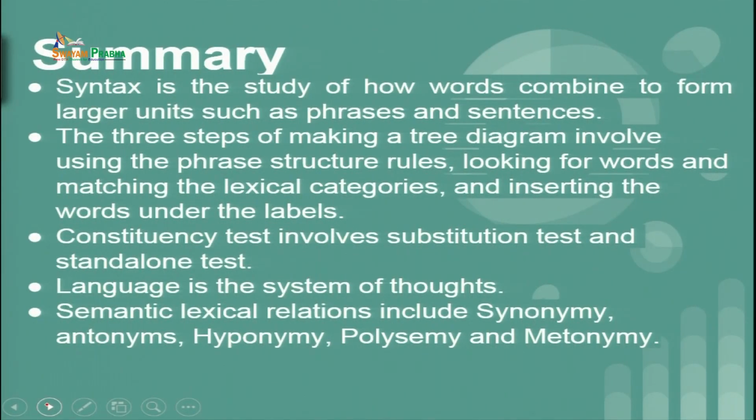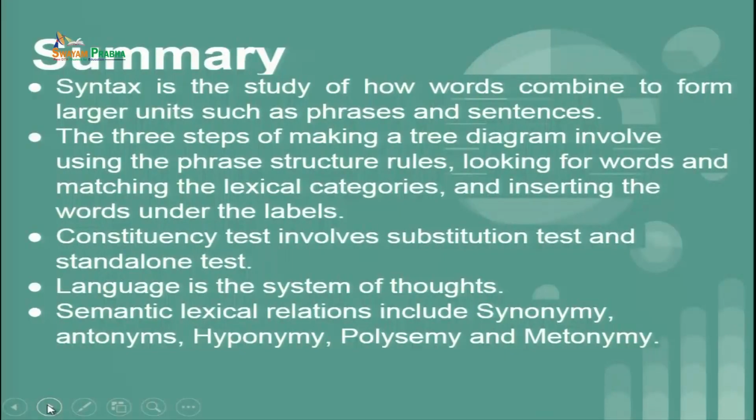So, dear learners, after going through the conceptual framework of what syntax and semantics is, let us try to find out what we have learned so far. We have looked at syntax as the study of how words combine to form larger units such as phrases and sentences.